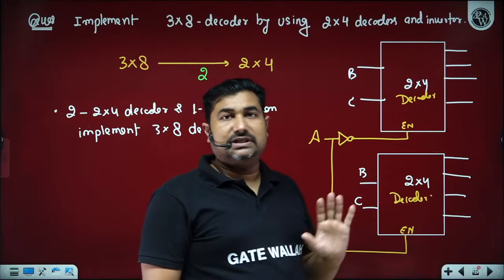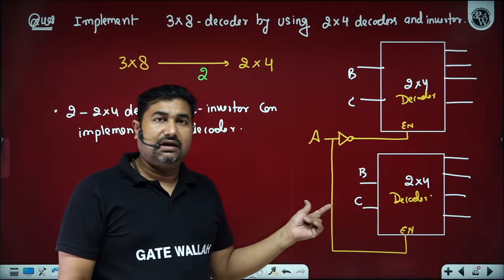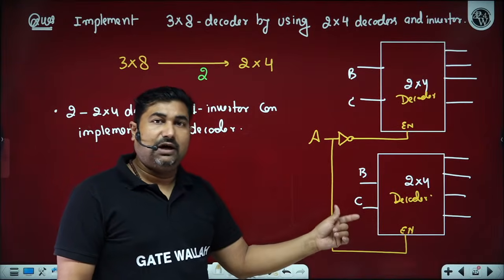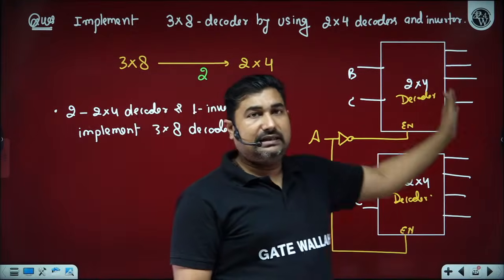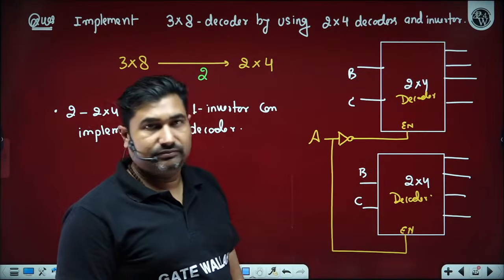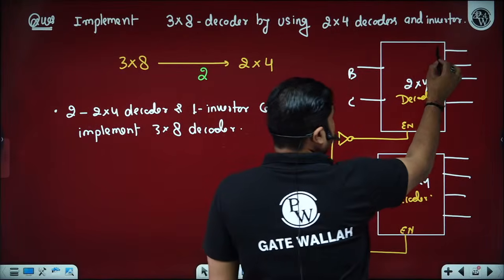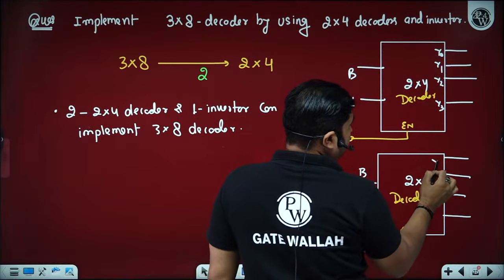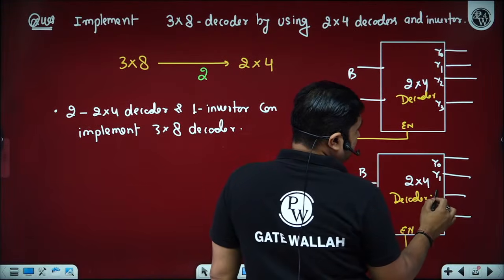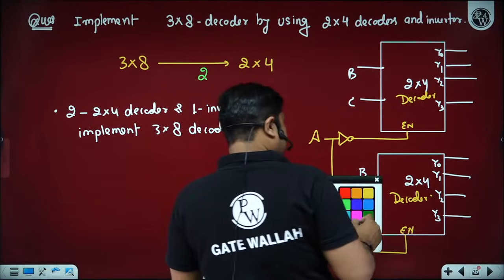One input we will just keep connected with the ground. Accordingly, we will have A bar and A outputs only, and we will do the enable accordingly. Now please observe here. So we have Y0, Y1, Y2, Y3. This reduces the circuit delay as well as the cost of the circuitry. How many of you able to understand, beta ji?